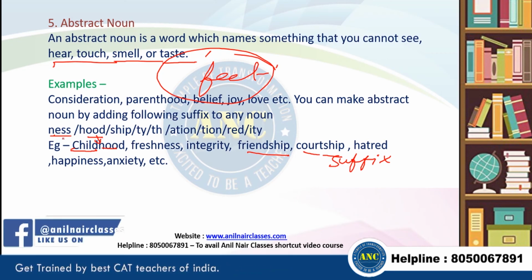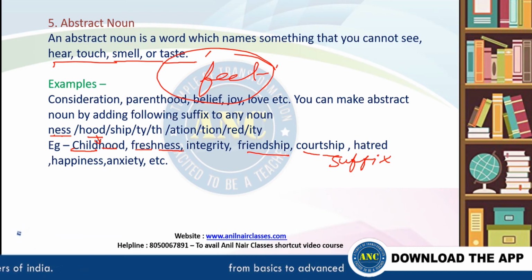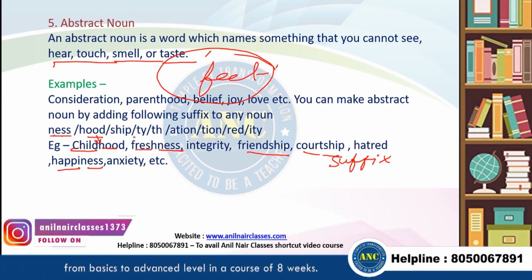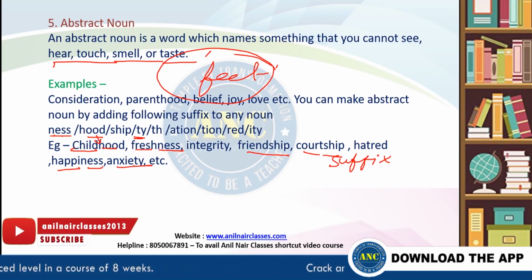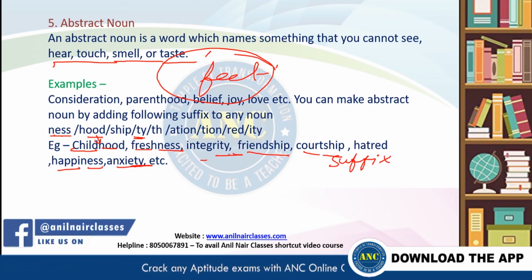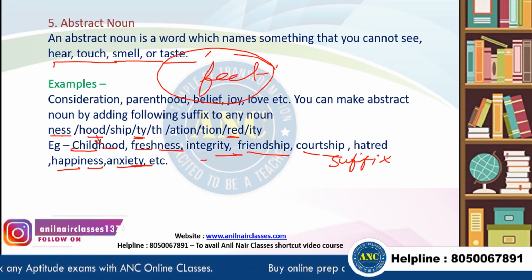Like you can add NESS: fresh plus NESS, freshness. Happy plus NESS, happiness. You can add TY at the end of a noun, like anxious became anxiety. Integrity. Plus you can also add RED, like hate became hatred.